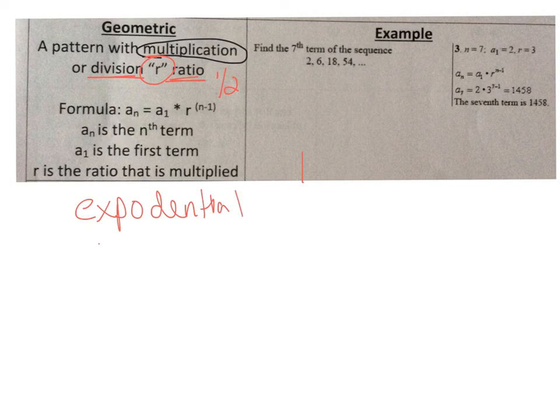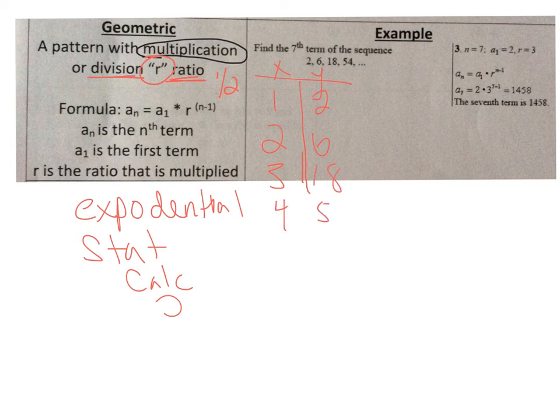And remember, we could hit stat calc 0 to help figure out the formula. However, in this case, I still would set up a table to keep things organized or to write an equation. I'm saying that my first term is 2, my second term is 6, my third term is 18, my fourth term is 54.